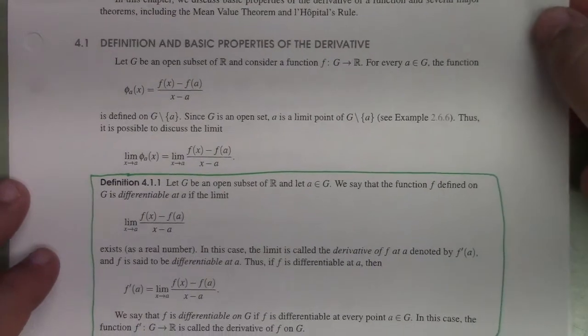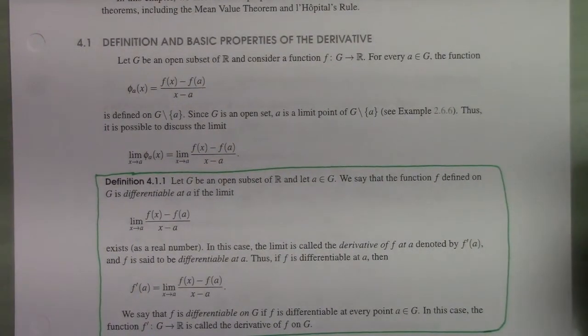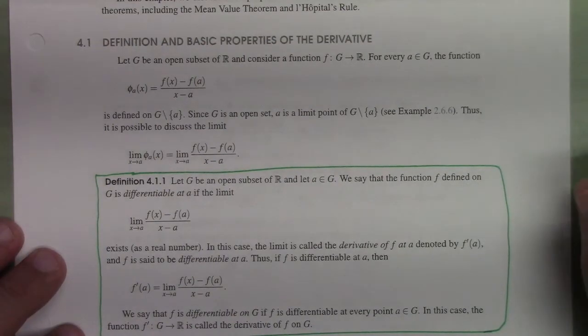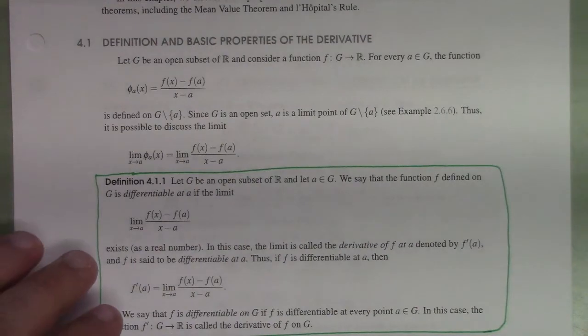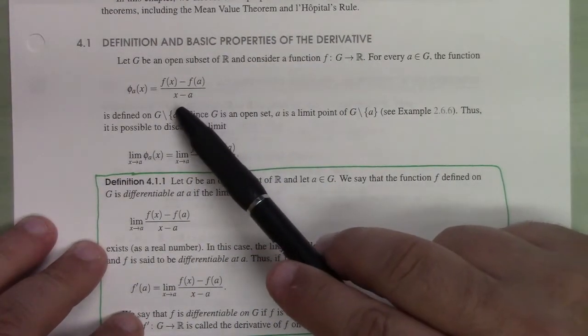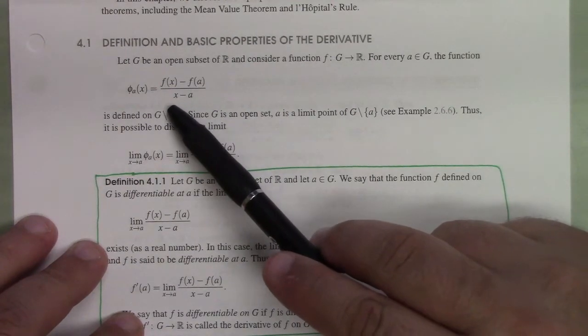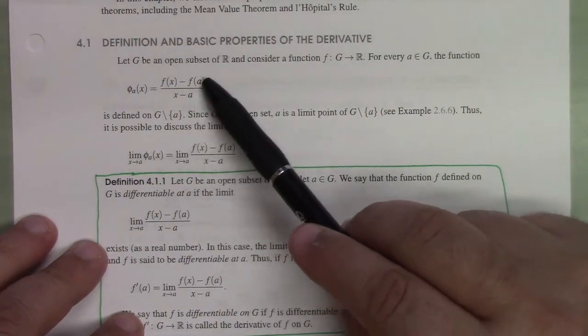The first thing is the notion of the derivative, right? So if we define this function phi of a, what is this? This is the change in f over the change in x, where the change is based at a, right?